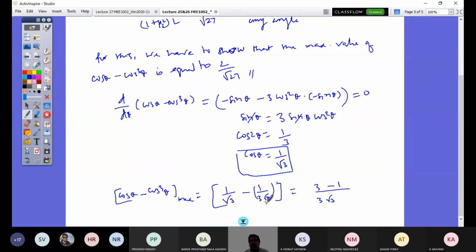If I take LCM as 3 root 3, I would have 3 minus 1, so I get 2 by 3 root 3.